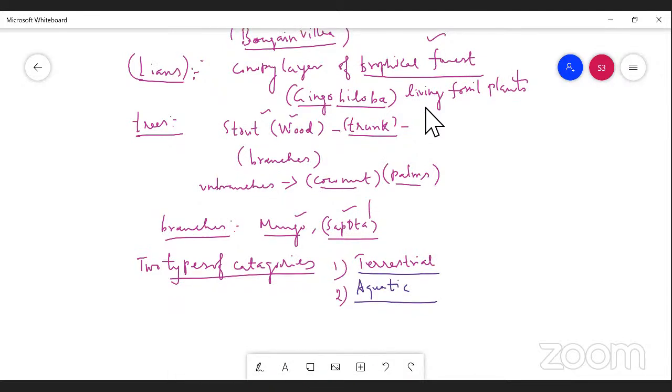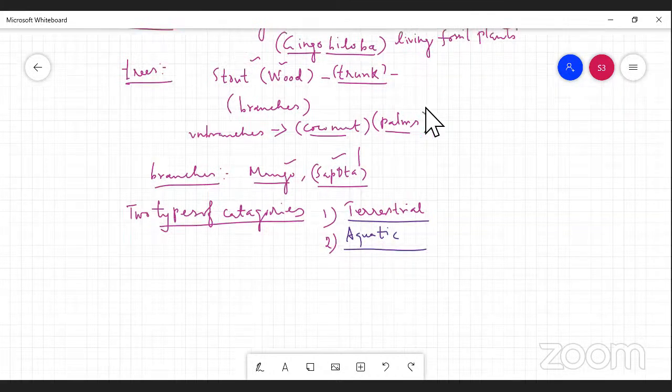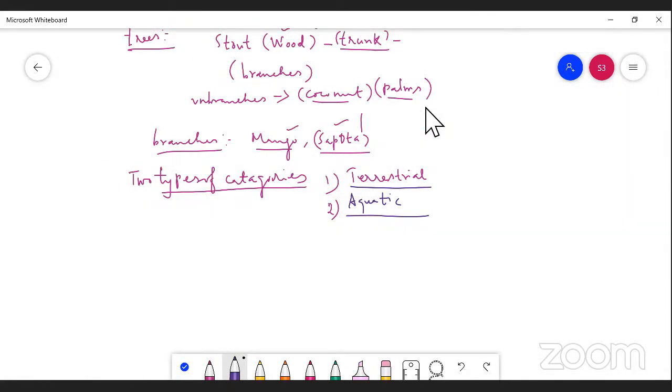So what is terrestrial? Terrestrial plants are land plants; they occur only on land. The other is aquatic plants.